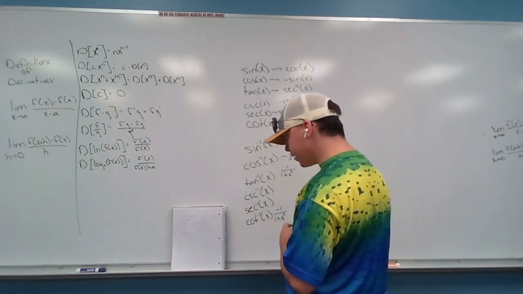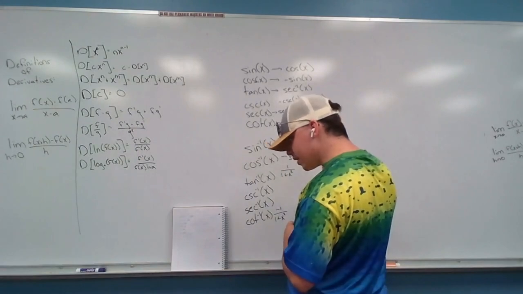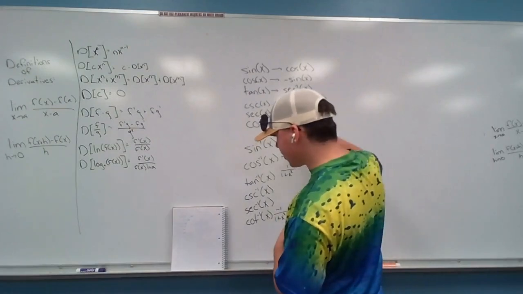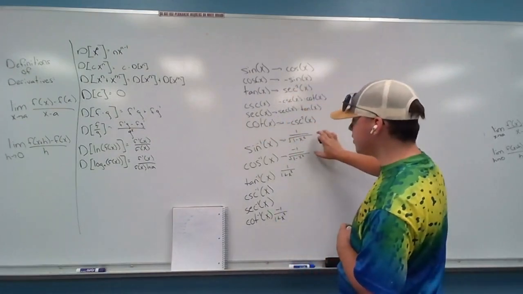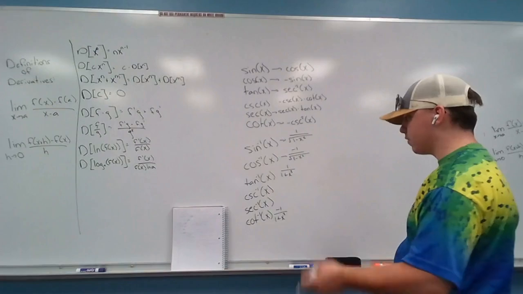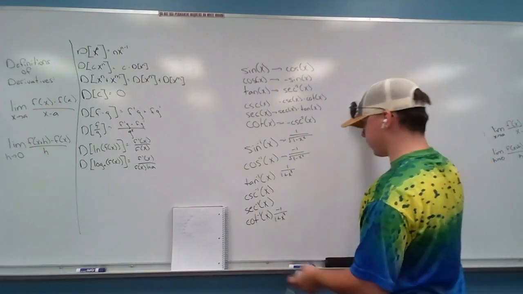And then the cosecant and secant are going to be interesting because it's going to just be the same as their original ones, like the same as these, but on the denominator, you're going to multiply the denominators by the absolute value of x, or your function.